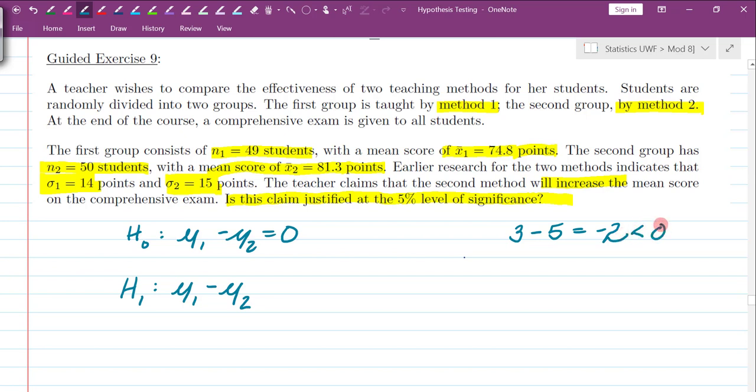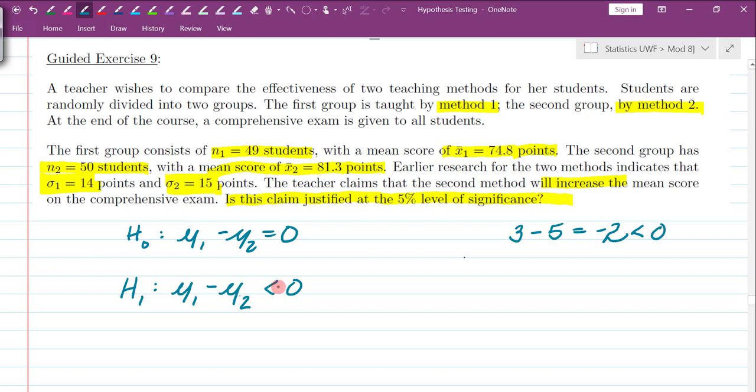So in order to test this teacher's claim, I'm going to say that mu1 minus mu2 is less than 0, okay? Because what I'm saying is the second method is giving me higher scores than the first method. You can take any number that's smaller on the first, bigger on the second, subtract it, and you're going to get a negative number, which is less than 0.